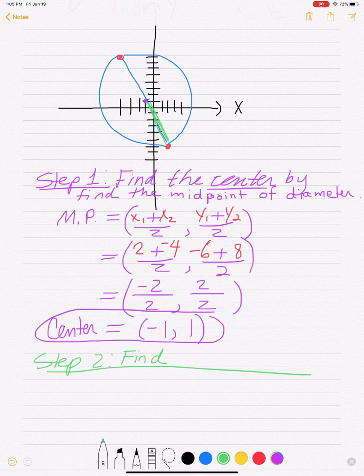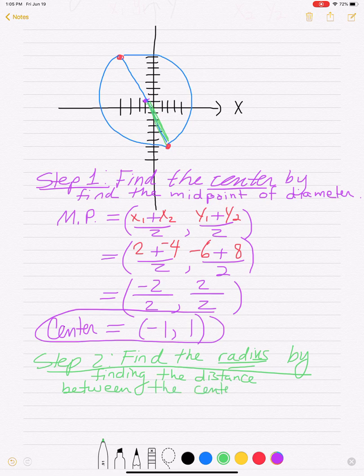Find the radius by finding the distance between the center, that's what we just got, and a point on the diameter.